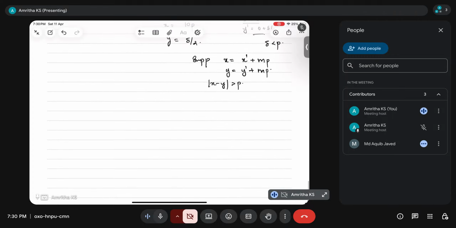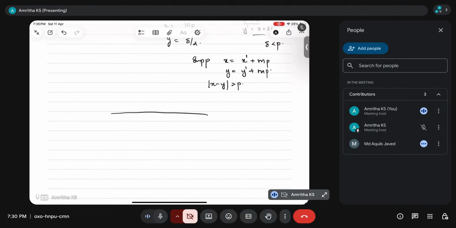The problem is when, suppose these are my p intervals, this is my 0 to p, and I take some x here and y here within delta distance, then it can happen that x dash comes here and y dash comes here, and the distance might be greater than delta.